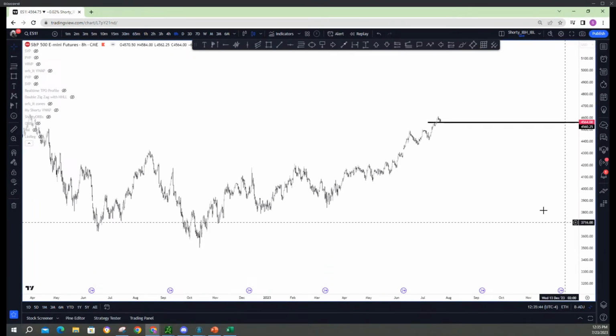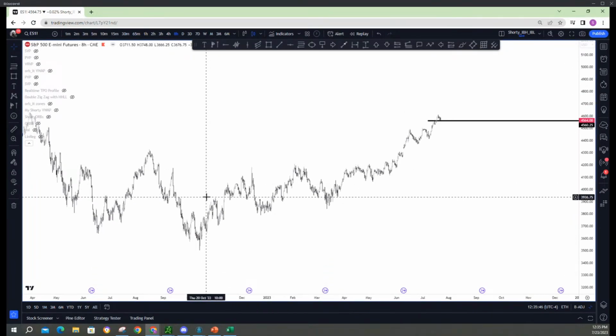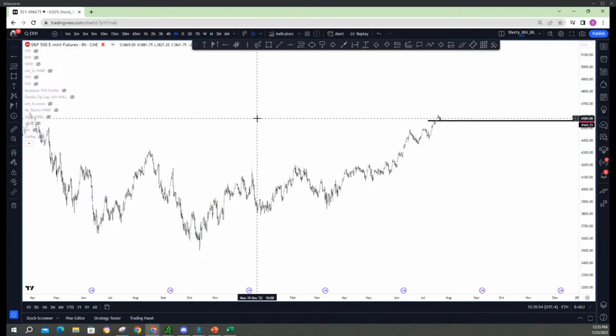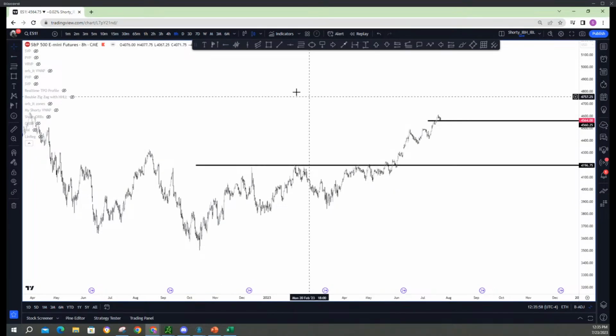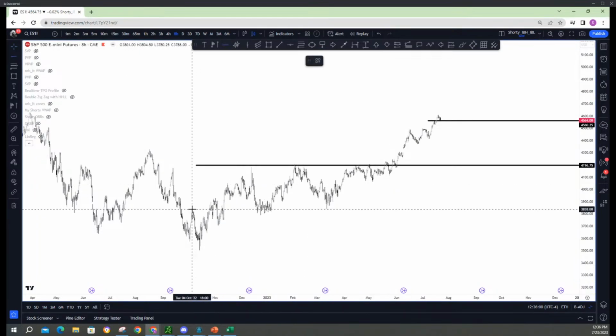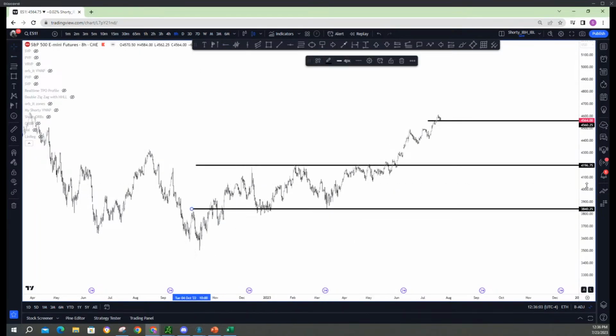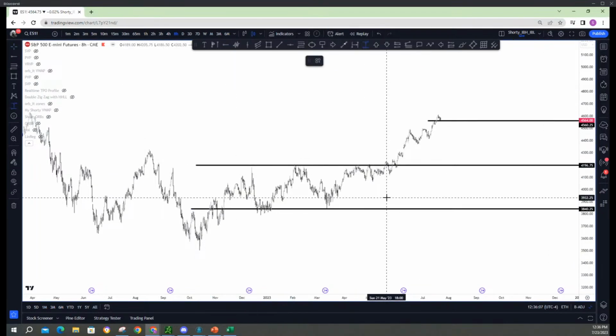This consolidation that we had here from 4,200 to about 3,800 was about 400 points. From here to here, how many points is that? To 400, right? And now if you take this consolidation and you measure it, it's a measured move.